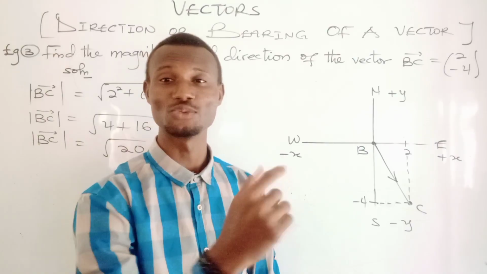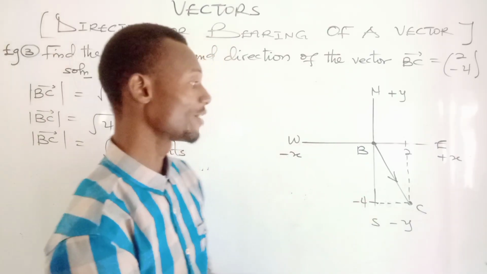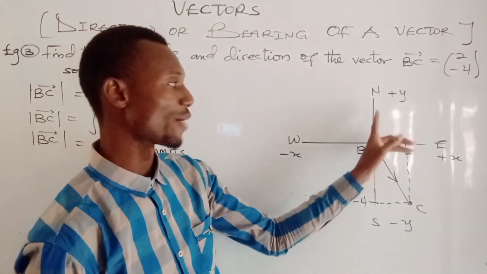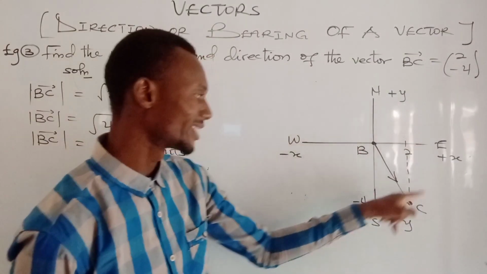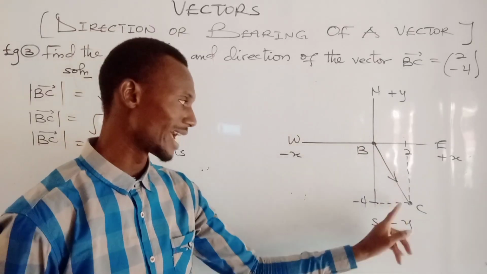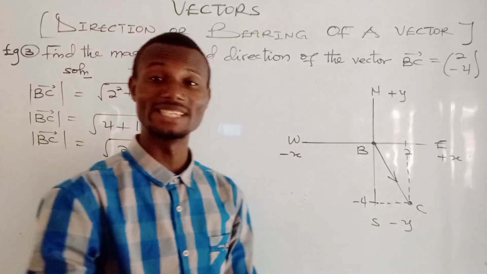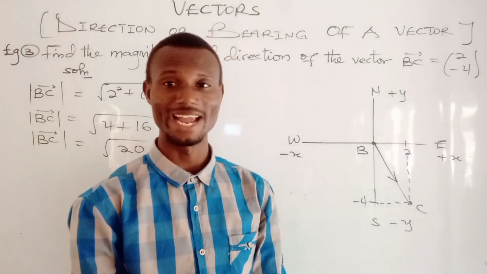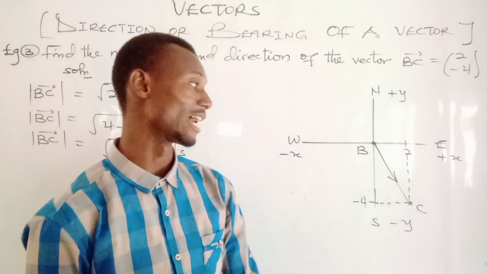So if you want to find the bearing of the vector BC, we start reading from the north here and read until we end on the vector BC. That line which shows the vector BC, we end on it, and that gives the bearing of the vector BC. I hope the explanation is clear enough up to this point.